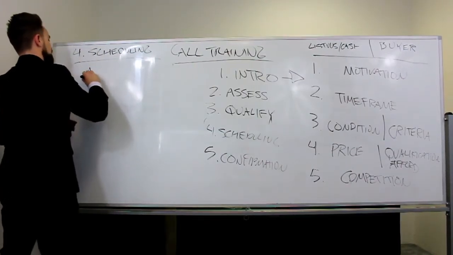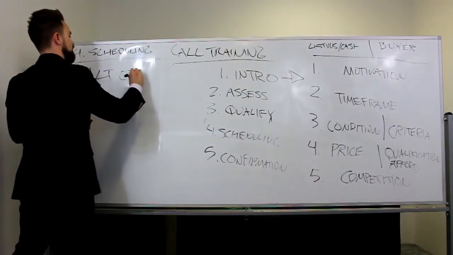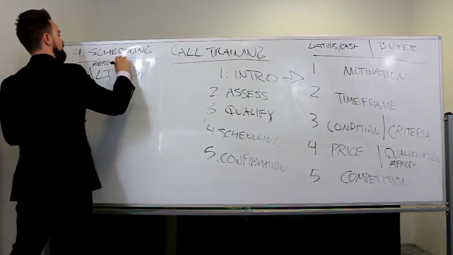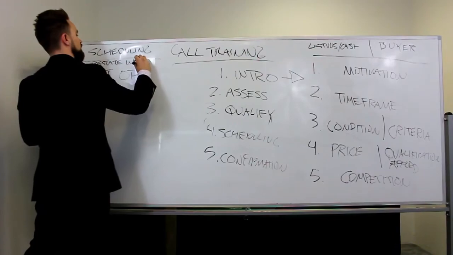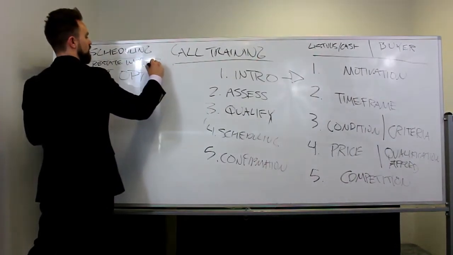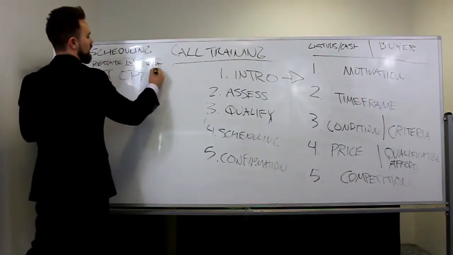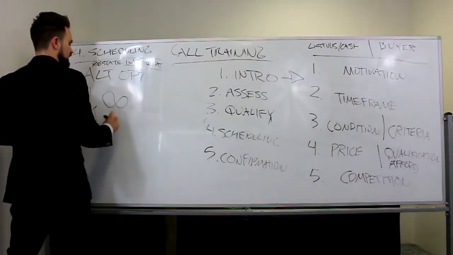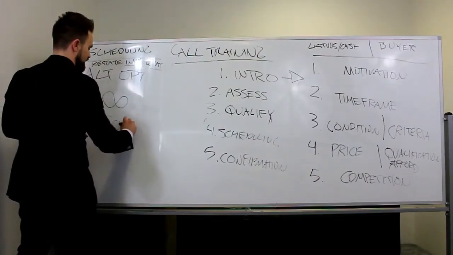Here's the deal. Alternative option. We're going to restate why they should and what we're going to do, and then you're going to use the alternative option, basically infinitely, until you schedule. Let me explain this.